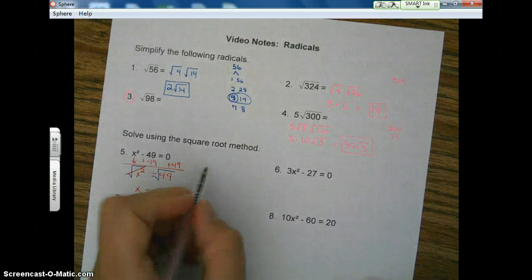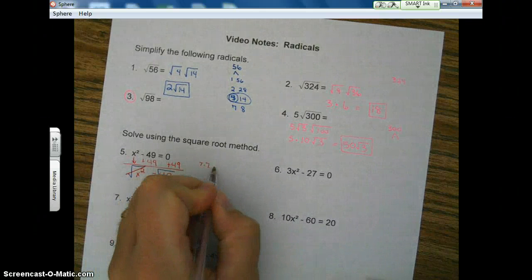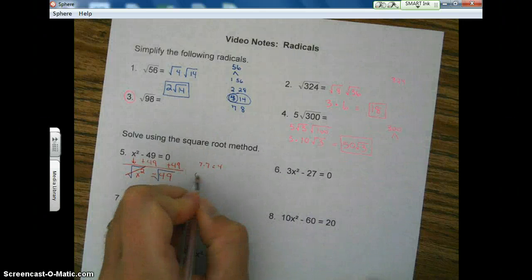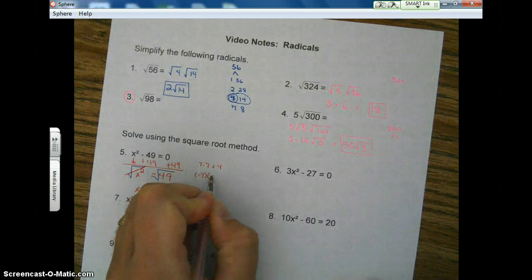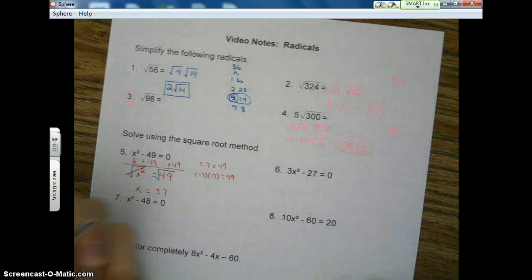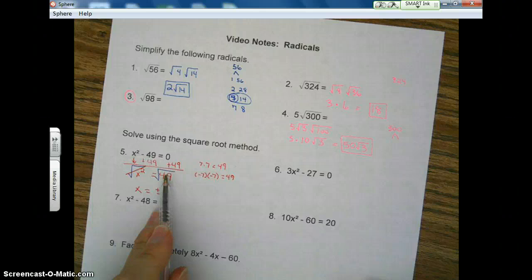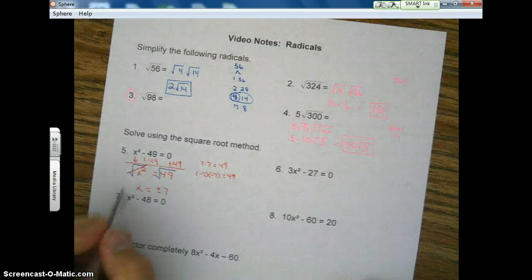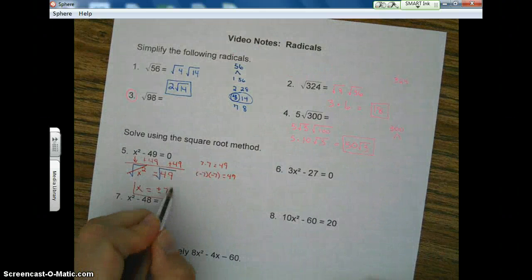Because 7 times 7 is 49, and negative 7 times negative 7 is also 49. So both answers will get us 49. So we have two solutions.